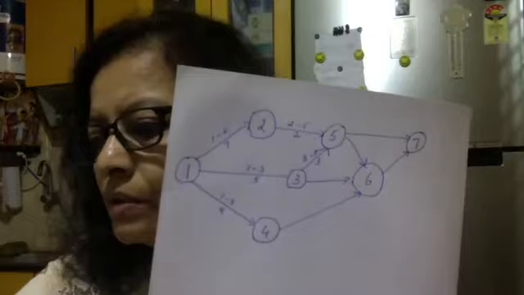Next 3 to 6, and 3 to 6 is 9. Next I'm going to do 4 to 6. 4 to 6 is 9. Next 5 to 6. 5 to 6 is 7. And 5 to 7 is 8. 6 to 7 is 9.